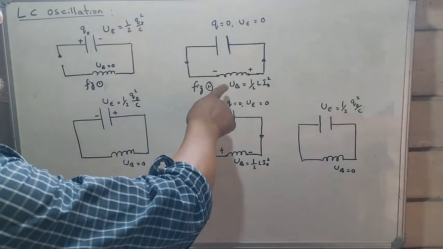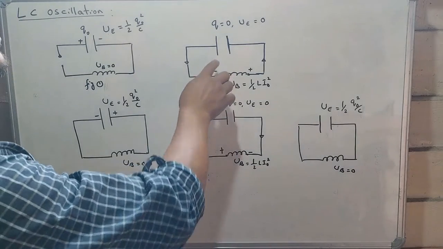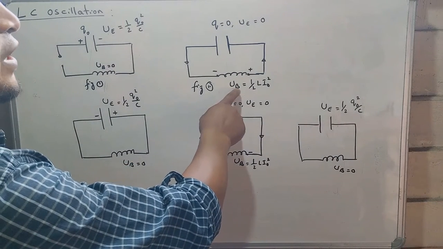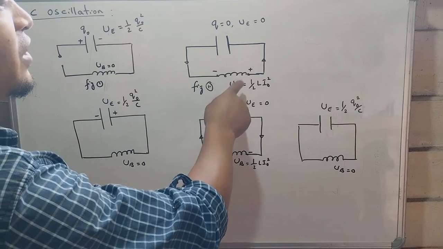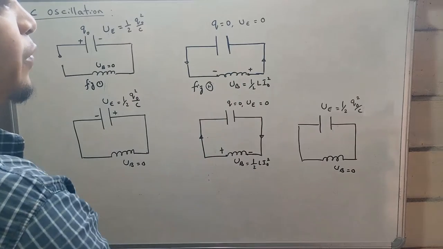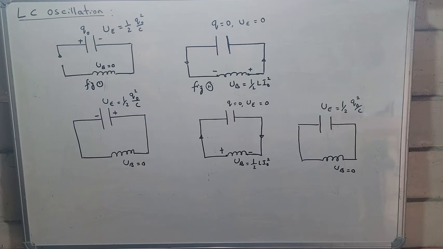Or I can say the magnetic energy in the inductor becomes maximum at the time when the charge in the capacitor is equal to 0. So this is U_B, where U_B stands for the magnetic energy, and this is maximum. For maximum energy, we write half L I naught squared, where I naught is the maximum electric current.